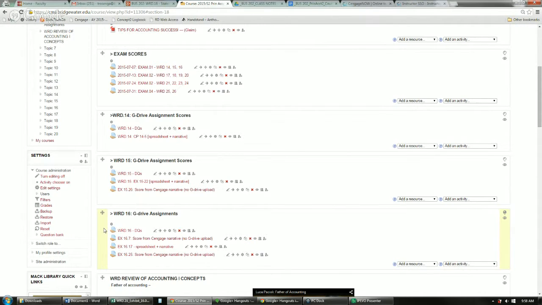Also, Moodle will highlight with these yellow bars the current topic. So you can see today we are on Chapter 16, and that is highlighted in yellow.